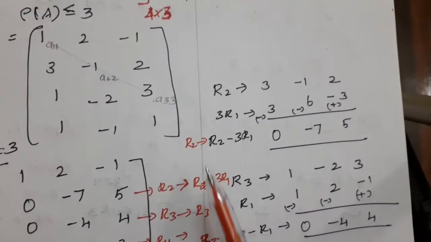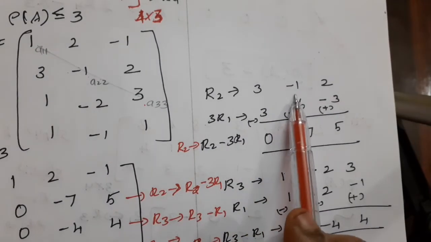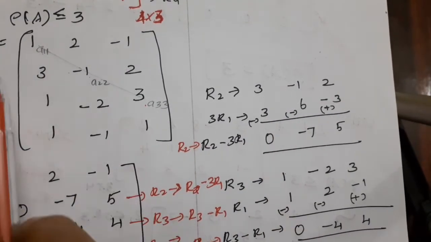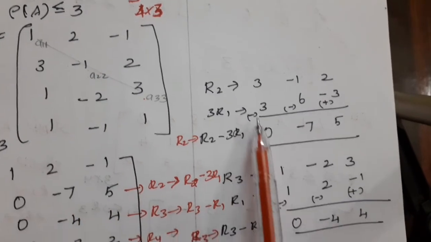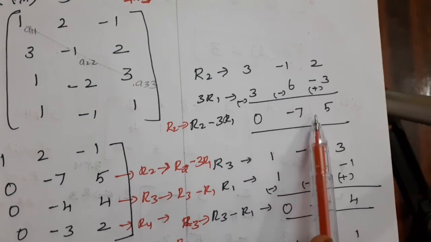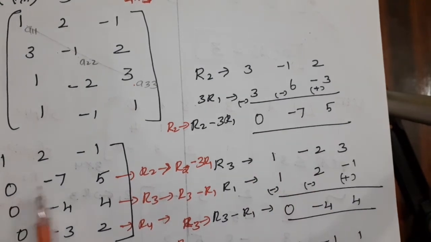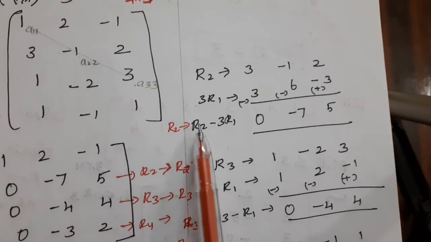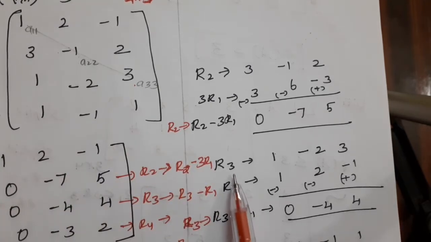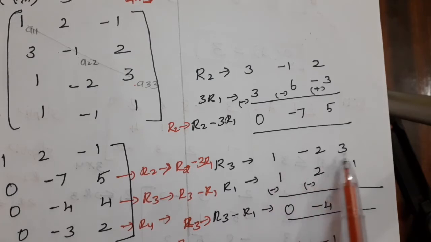So what is our R2? 3 minus 1, 2. So R1 is multiplied with 3. R1 multiplied with 3, see the calculation part. I already taught everything. 0 minus 75. Next we make this 1 become 0. For R3, we write R3 as itself, 1 minus 2 and 3.